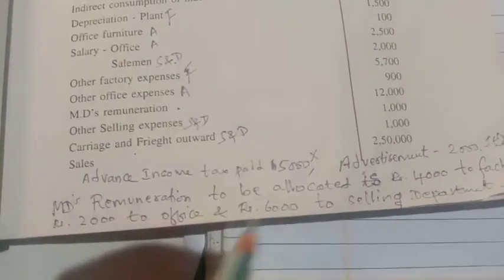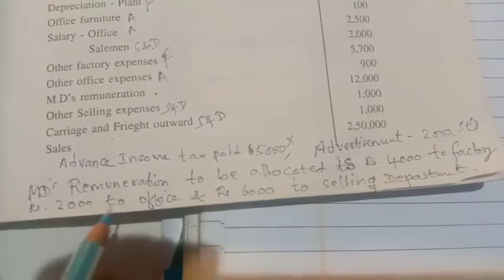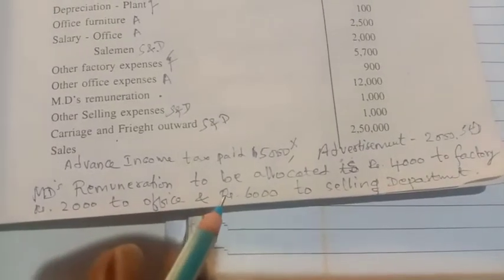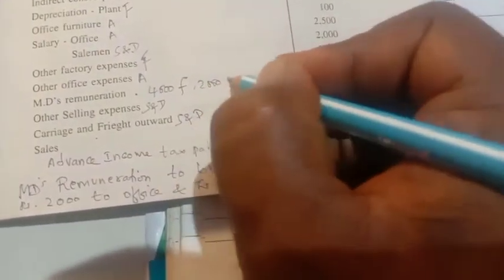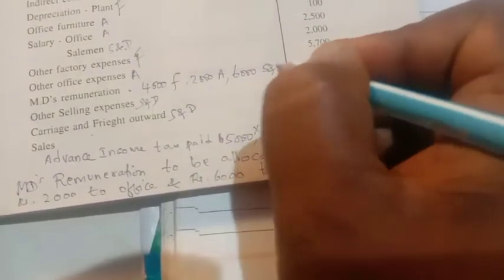See the adjustment. MD's remuneration to be allocated: 4,000 to factory, rupees 2,000 to office, and 6,000 to selling department. So 4,000 to factory, 2,000 to administration, 6,000 to selling and distribution.